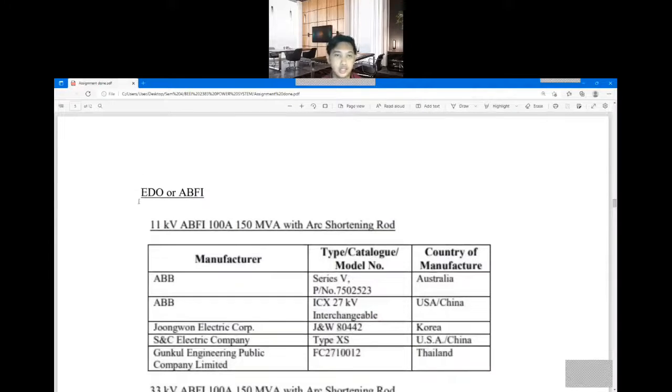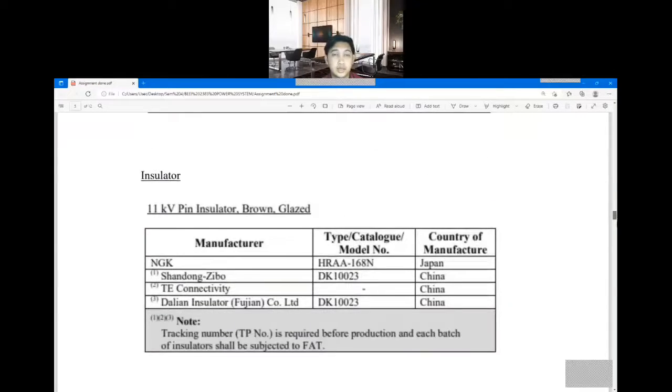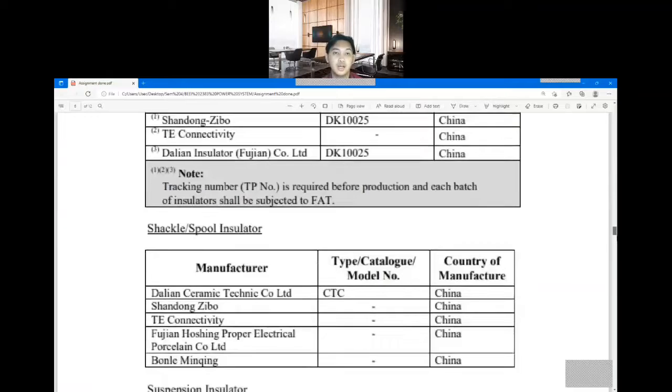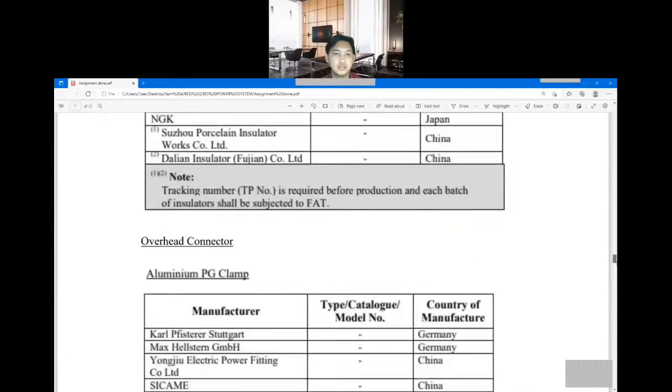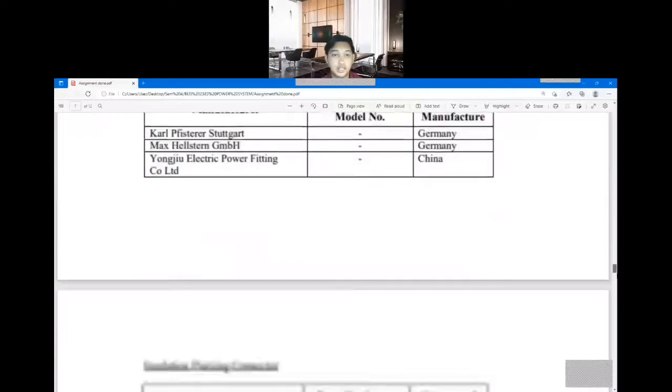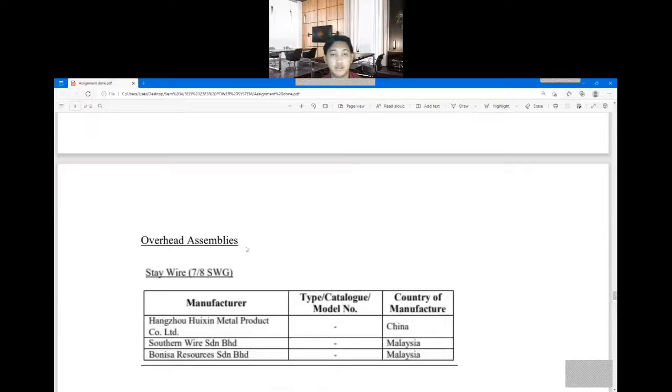And next they have PDO or ABFI, for this are the list. And insulator, overhead connector, poles, and last but not least, overhead assemblies.